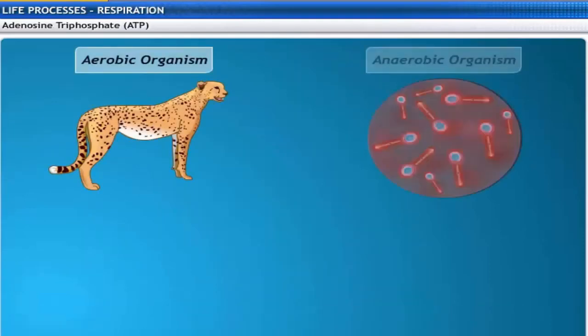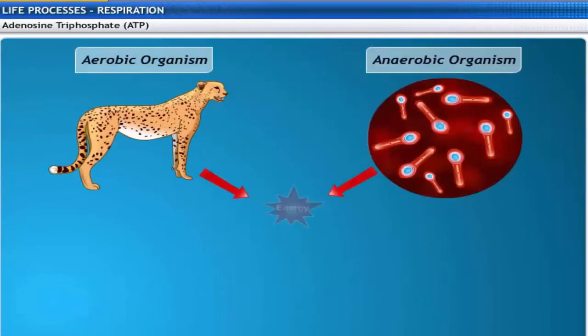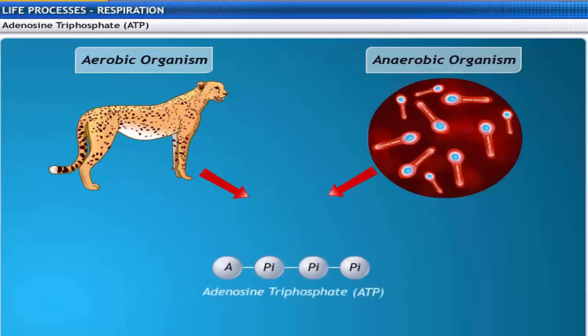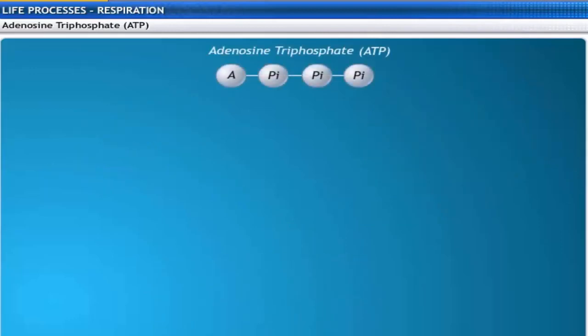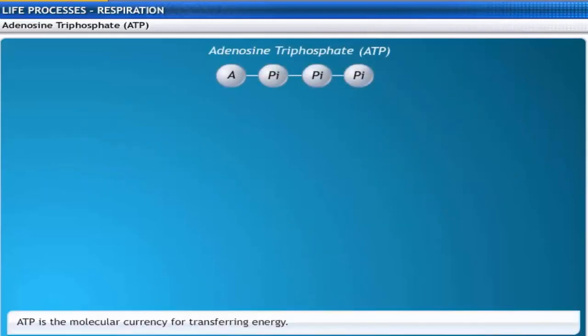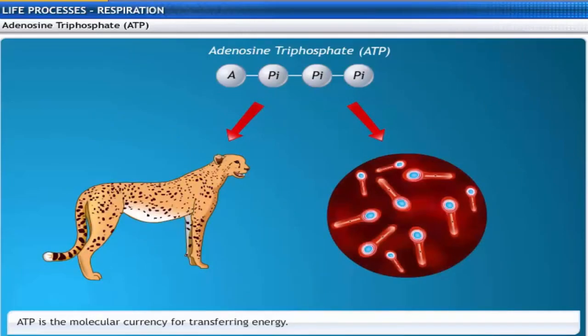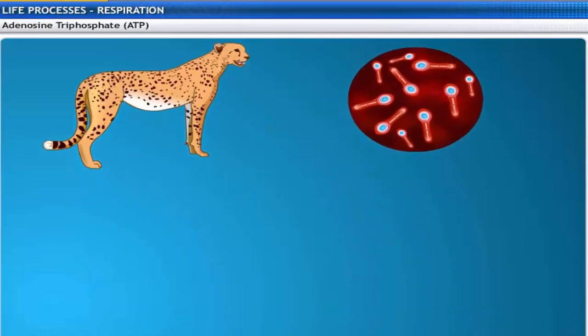Both aerobic and anaerobic respiration releases energy. This energy is used to combine adenosine diphosphate (ADP) and inorganic phosphate to form adenosine triphosphate (ATP) molecule. ATP is the molecular currency for the transfer of energy in most cellular processes.